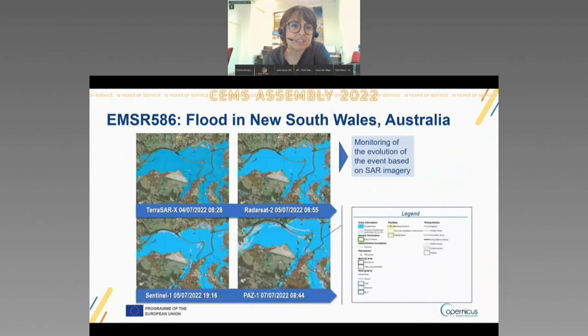In this picture, there is an example of the rapid mapping product delivered to the user. In this case, the user was interested in monitoring the extent of the flood. So for this reason, only delineation products based on SAR data were delivered, due to the very bad weather forecast.